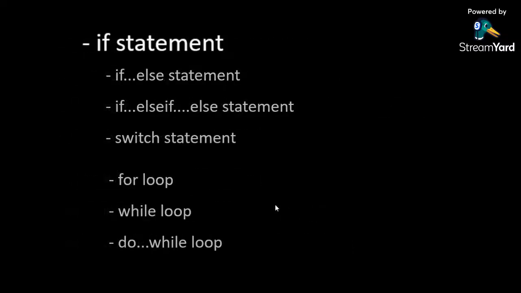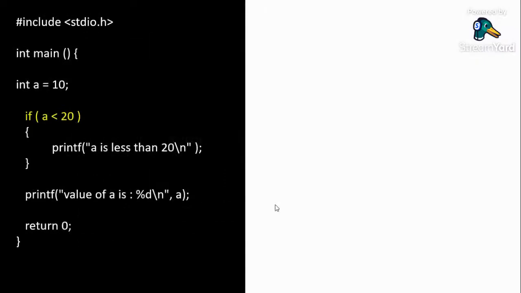So talking about the if statement. If you see the program here, I have a variable called a whose value is 10. Then I have my if statement, which is checking whether the value of a is less than 20. If it is true, then whatever is there in the braces next to if gets executed. Else, I don't have any else statement, so nothing will happen.